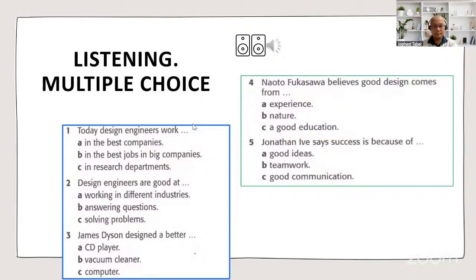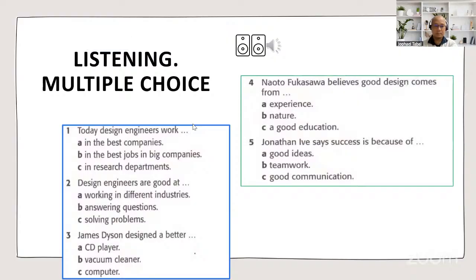Hello everyone. Welcome to today's talk on modern design. Today, Susan Meyer from German engineering company MET is talking about design engineering. Thanks, Professor Finley. Today, design engineers work in the top jobs at some of the world's biggest companies.